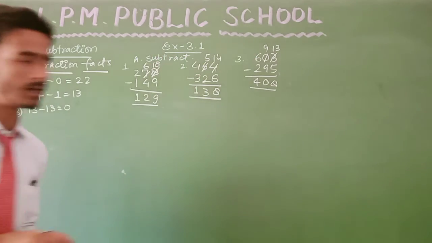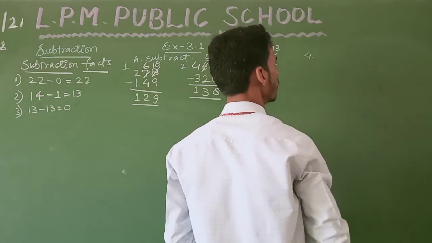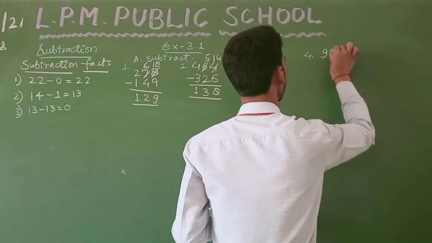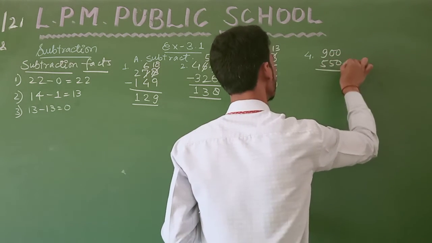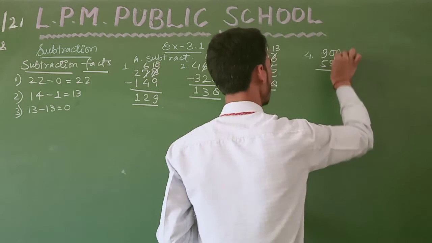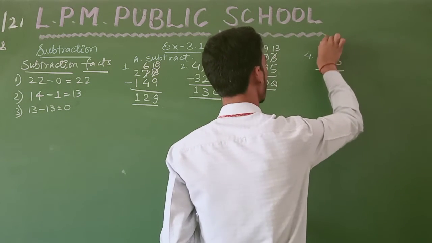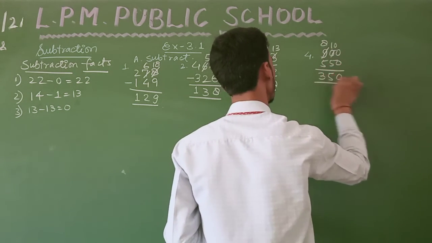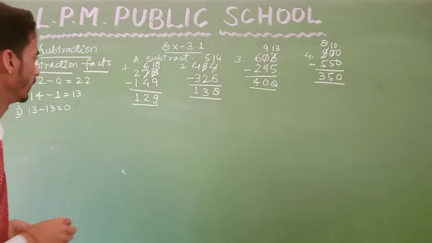Question number 4 is 900 minus 550. 0 minus 0, 0. 10 minus 5, 5. And that will be 8 minus 5, 3. That is 350.